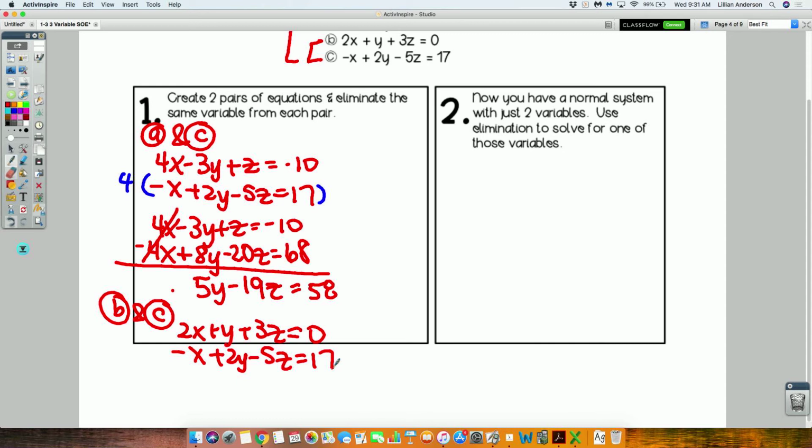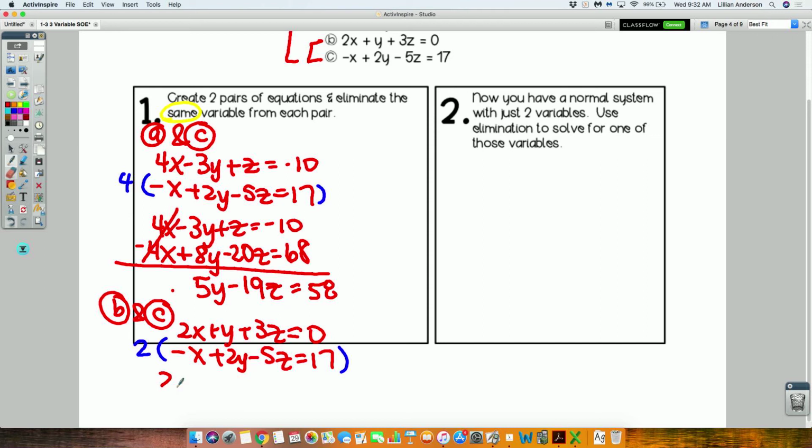I have to eliminate the same variable. That's key. It has to be the same variable. How do I do that? How do I eliminate x? I have to multiply that bottom equation by 2 to eliminate x.